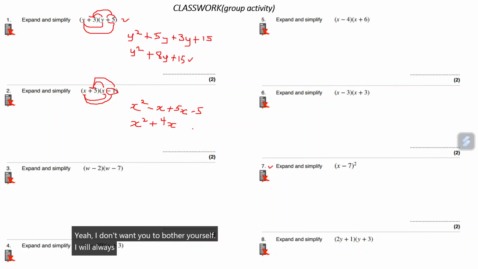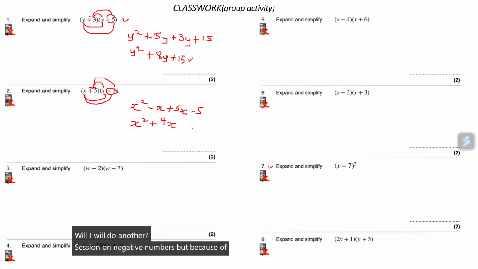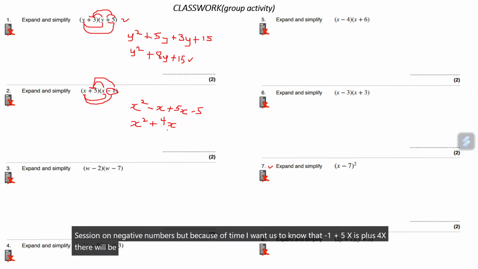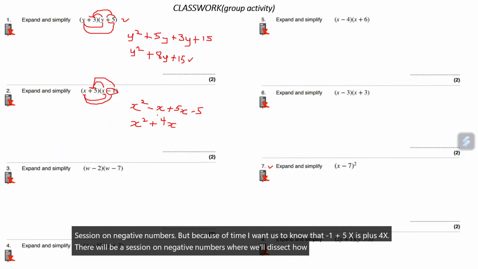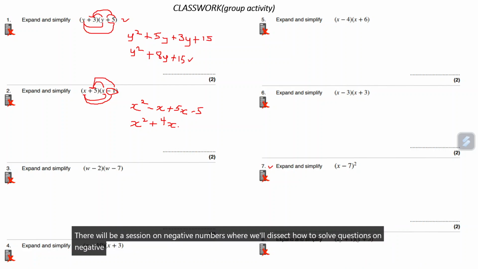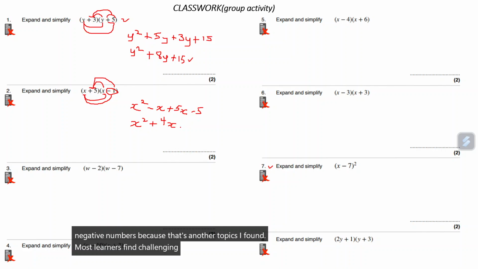I will do another session on negative numbers, but because of time, I want us to know that minus 1 plus 5x is plus 4x. There will be a session on negative numbers where we'll dissect how to solve questions on negative numbers, because that's another topic I found most learners find challenging. So then you bring out minus 5. So this is your correct answer.